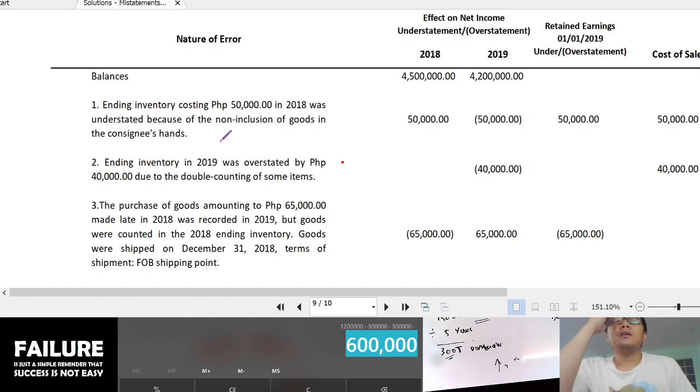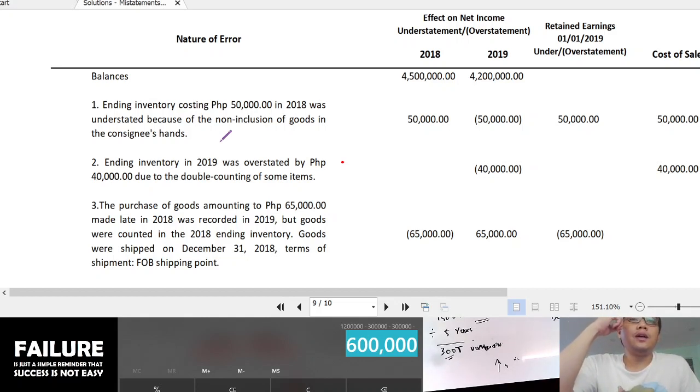Again, basic concept in inventory. Inventories held on consignment is part of the inventory of the consignor. So, kumbaga, any consigned goods is an inventoriable asset of the consignor, not the consignee.